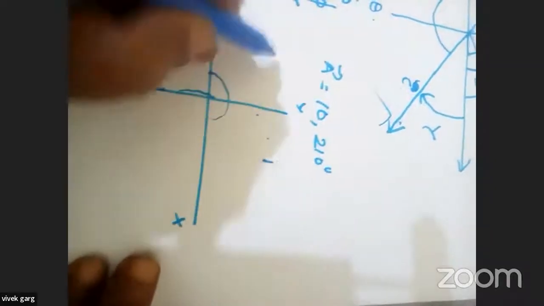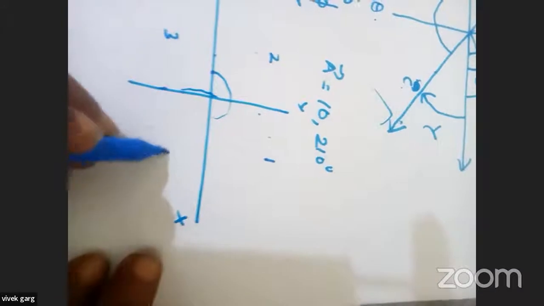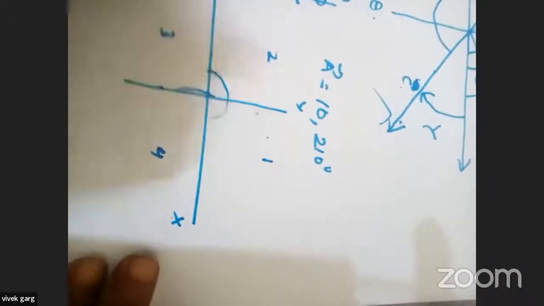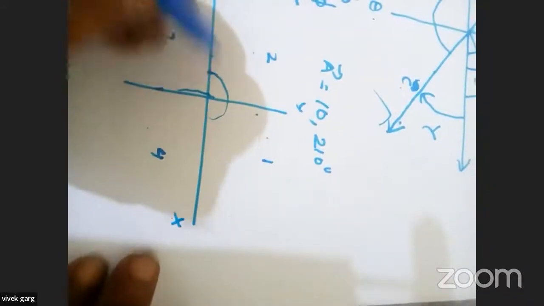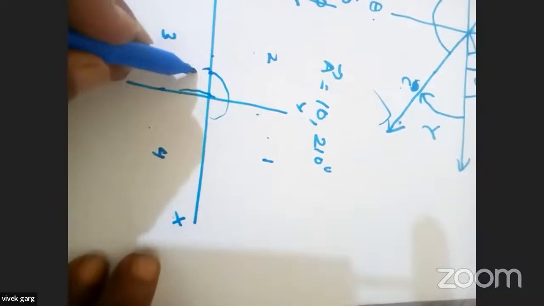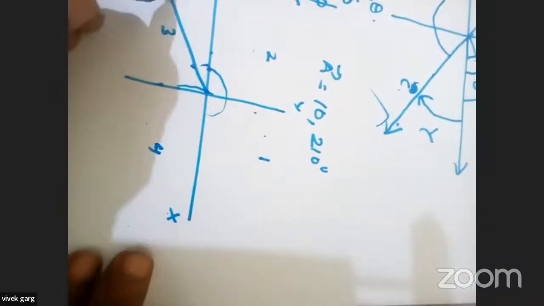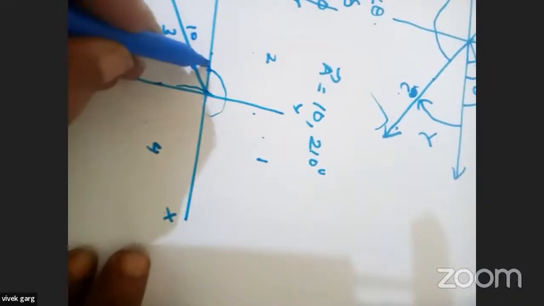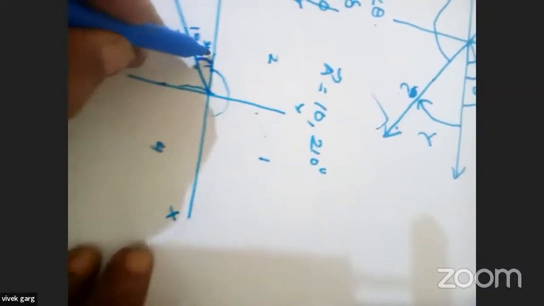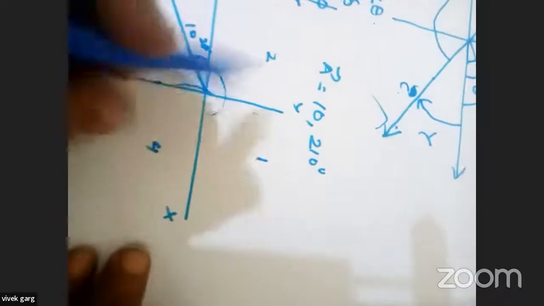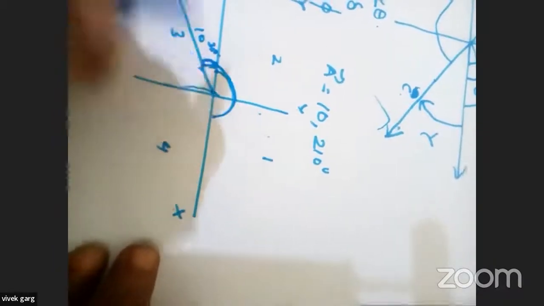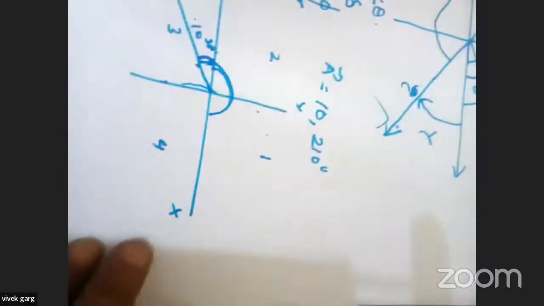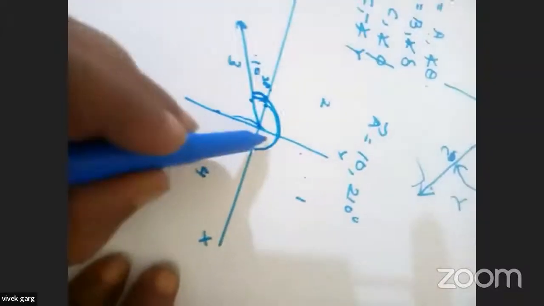This is the first quadrant, this is the second quadrant, this is the third quadrant, this is the fourth quadrant. So 180 plus 30 degrees will be somewhere out here. So I make a line which is of 10 units. And this particular angle will be around 30 degrees. So this will become 10, 210 degrees. This is how we represent a vector.